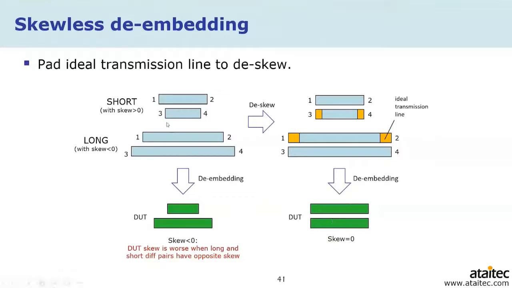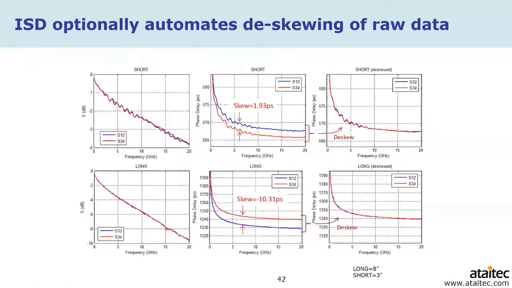And in ISD we can also do skewless de-embedding. Very often we found that, especially if you want to embed a short trace from a long trace, they actually have different skews, and if the skews are opposite to each other, the results can actually be worse. And so by clicking the button, ISD lets you do that kind of skewless embedding. So here's one example.